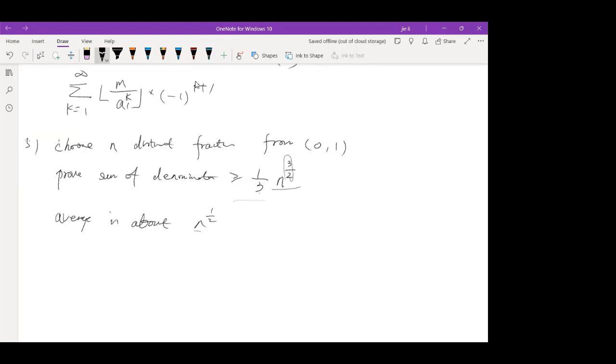For the smaller numbers, is this average square root n true or not? We are not that clear. But then you can easily see, because when we calculate the average, the smaller numbers are not that important unless you have quite a lot of them. So use the bigger numbers. With the bigger numbers, you don't want too many.